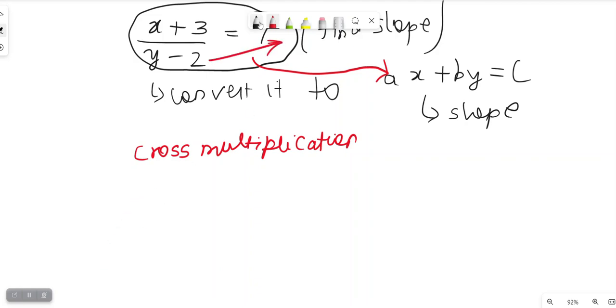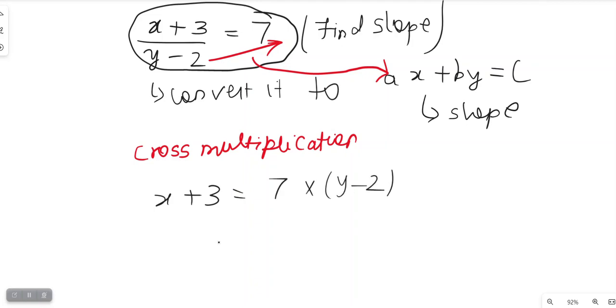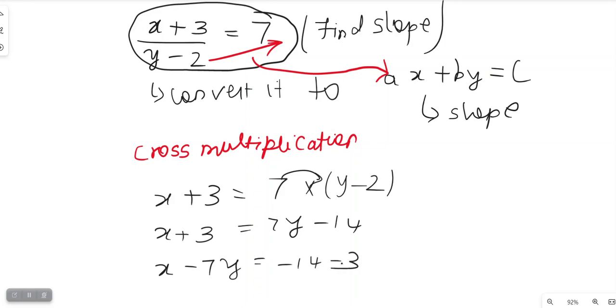So we have x plus 3 and then we have 7 into y minus 2. We take x plus 3, this 7 comes inside, we get 7y minus 14. Then we do x minus 7y and we get minus 14 minus 3.